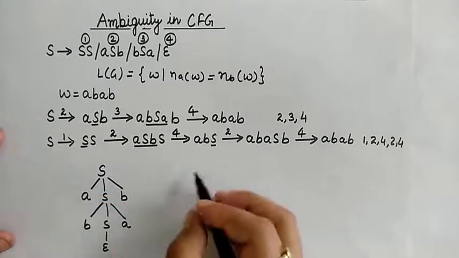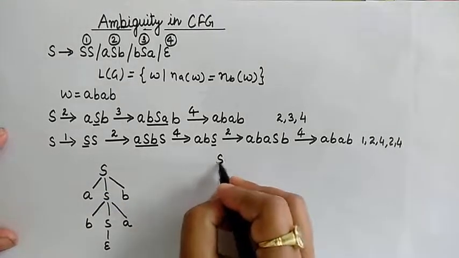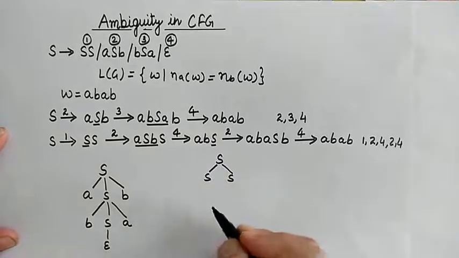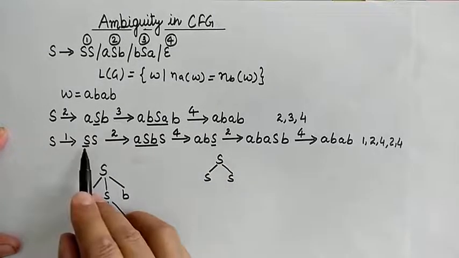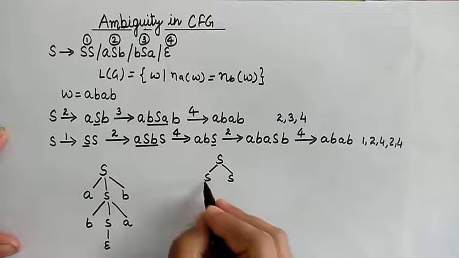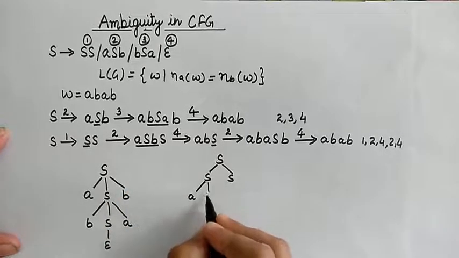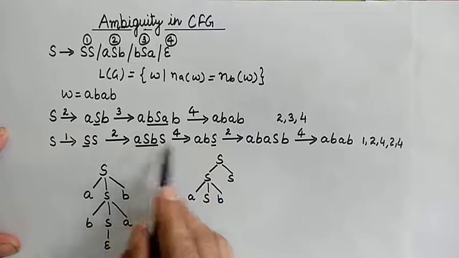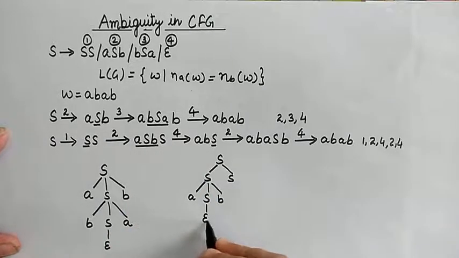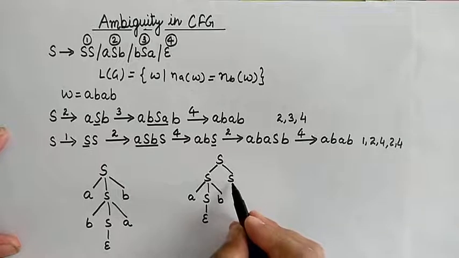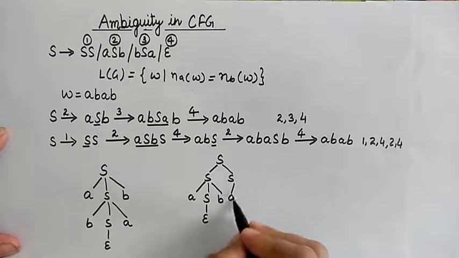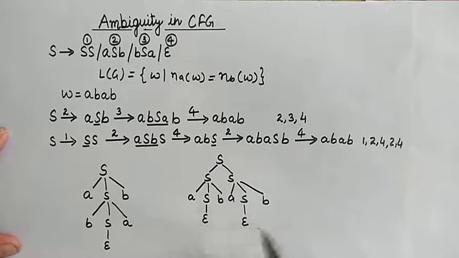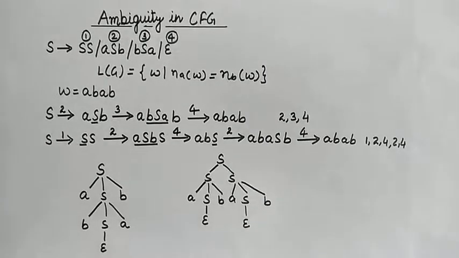And for this the derivation tree would be S → SS. Then for this S, ASB is there. Then for this S, epsilon is there. And for this again ASB is there. And finally this S is replaced by epsilon.